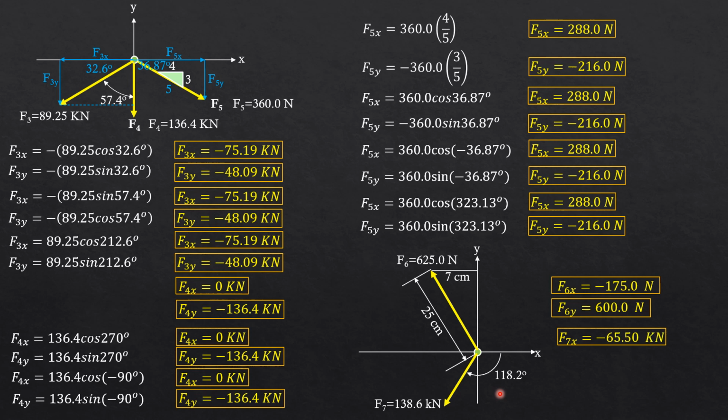F7x is negative 65.5 kilonewtons, and F7y is equal to negative 122.1 kilonewtons.